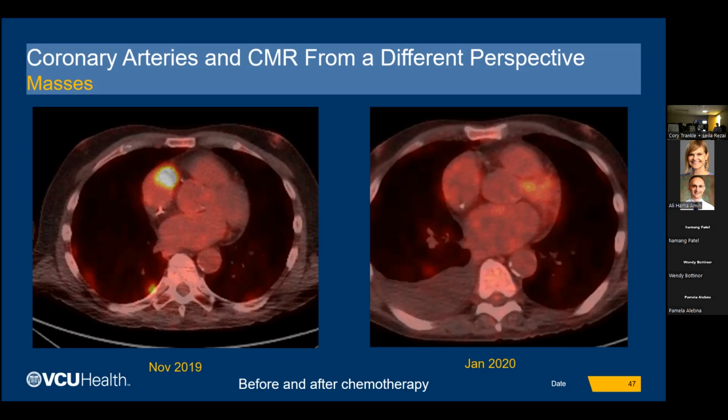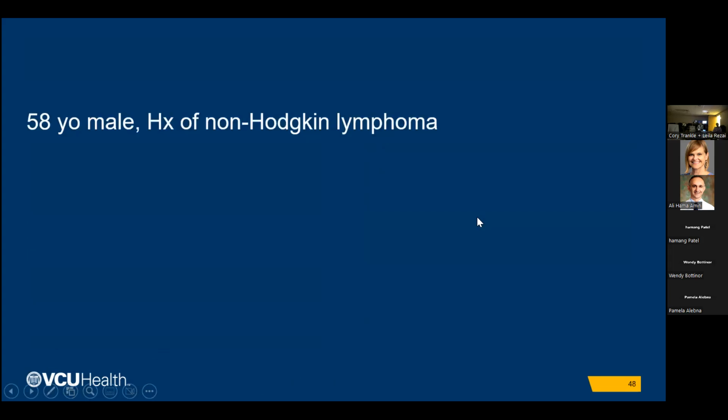Lymphoma cannot be left untreated, and this lady received treatment. You can see in a very short period of time, we have that area now without metabolic activity on PET scan, and also nothing in terms of adverse cardiovascular events happened for the patient.